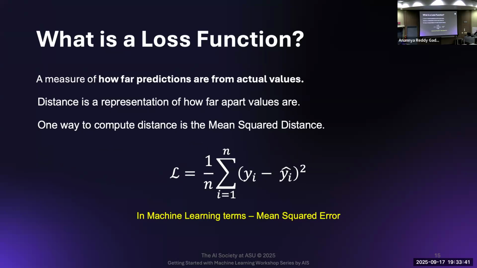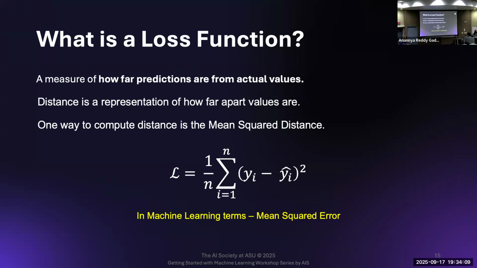The 1 by n is just a mathematical scaling factor. Even if you don't have it, it'll still work. The n is the number of samples. It basically keeps the loss on the same scale.